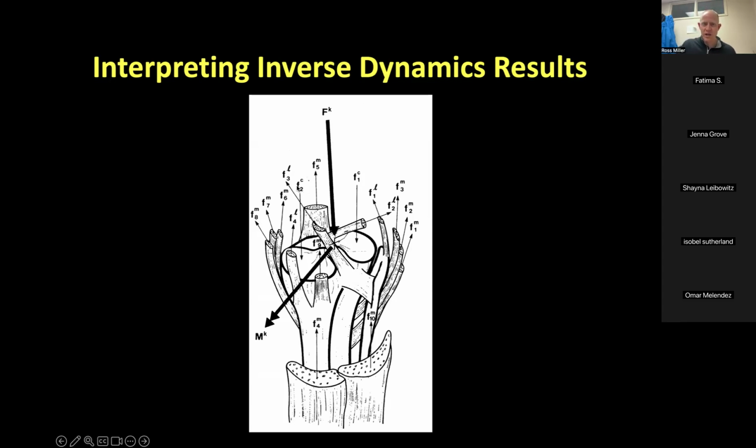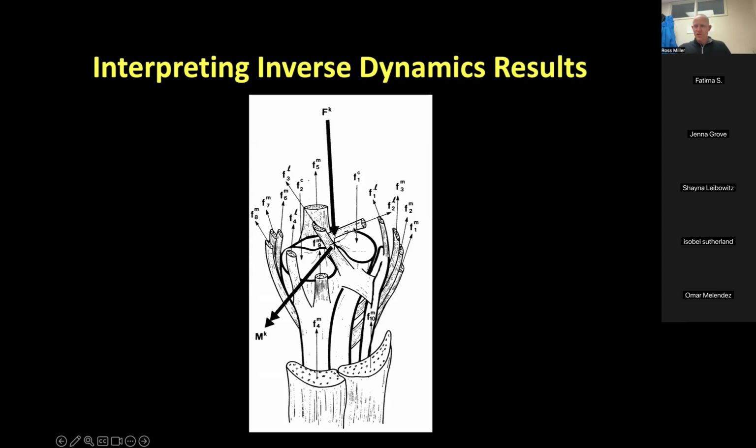Those are the two forces of articular contact at the knee. The femur here has these two condyles on it, medial and lateral condyle, that sit in the tibial plateau, the top of the tibia, and those cartilage surfaces press into each other in two different spots because of the shape of those condyles on the femur, and it generates these compressive contact forces between the top of the knee and the bottom of the knee there.